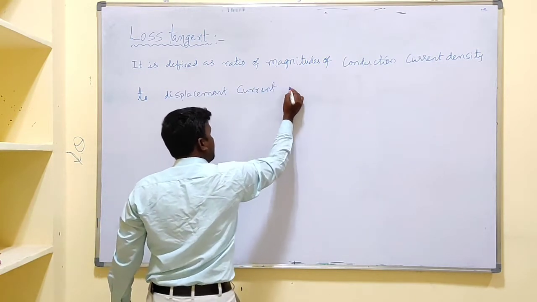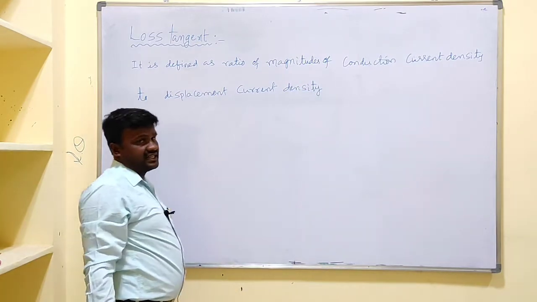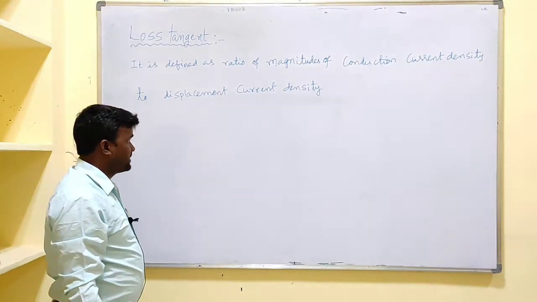So once again I am repeating this definition. It is defined as a ratio of magnitudes of conduction current density to the displacement current density.